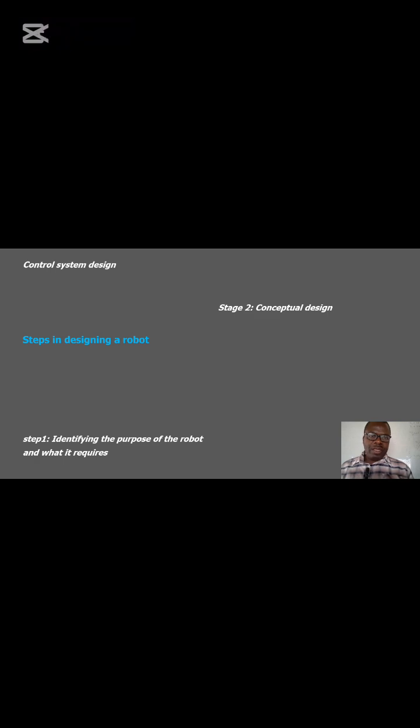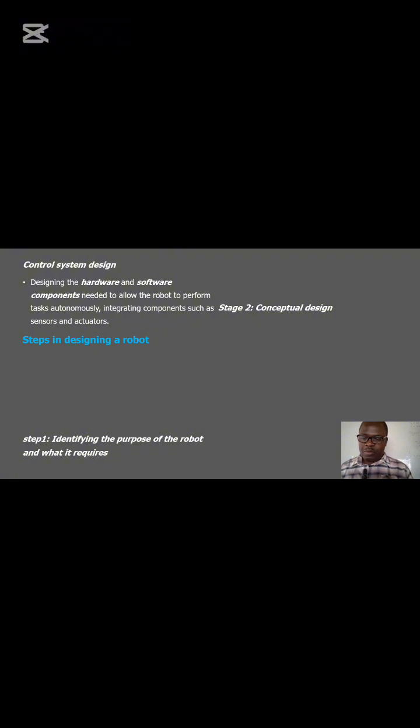Then we also have the control systems design, which is responsible for designing the robot's hardware and software components, which are needed for the robot to operate autonomously or with little or no human intervention.